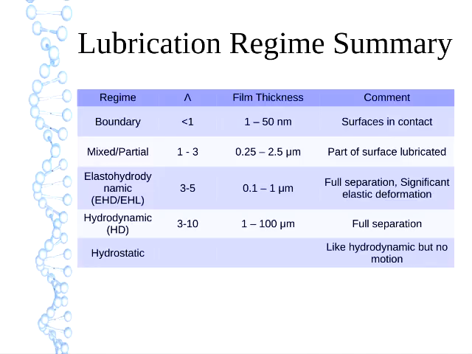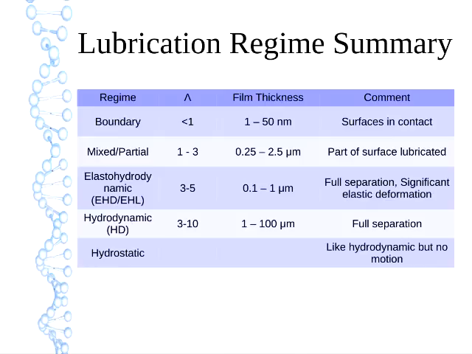Now let's review the lubrication regimes again. For the boundary lubrication regime, we're saying that the lambda value is less than 1, film thickness 1 to 50 nanometers, and if we have to summarize it in a phrase, we're going to say the surfaces are in contact.